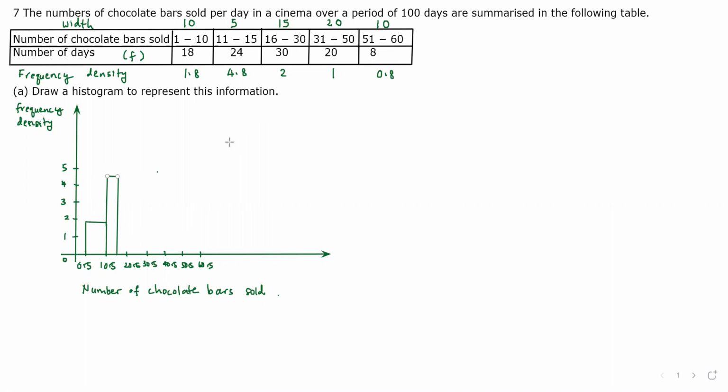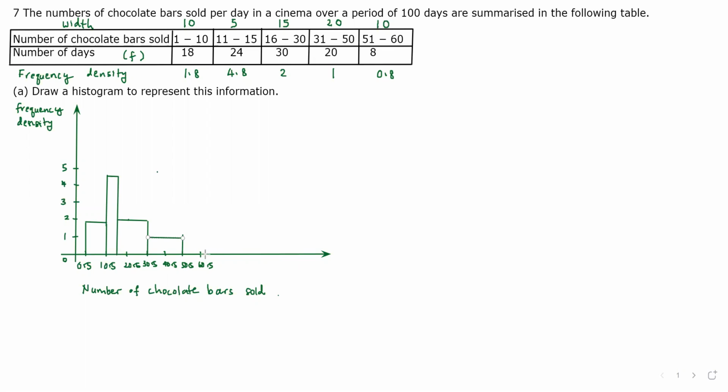The third class has a height of 2, and goes until 30.5, with a height of 2. And then the fourth class is from 30.5 until 50.5 with a height of 1.